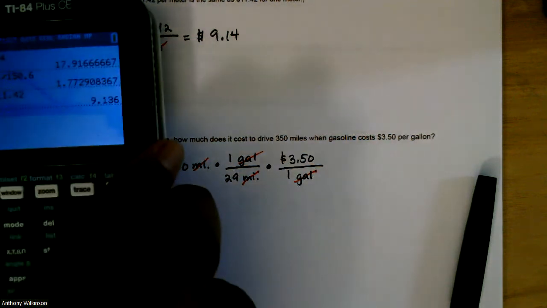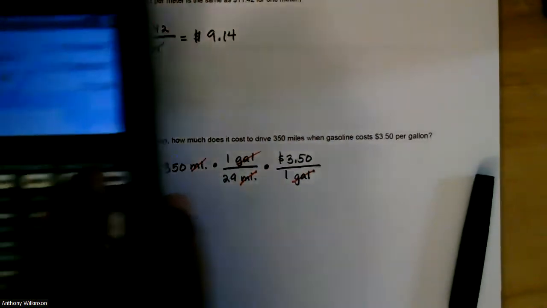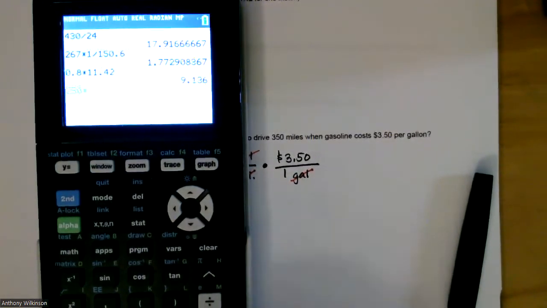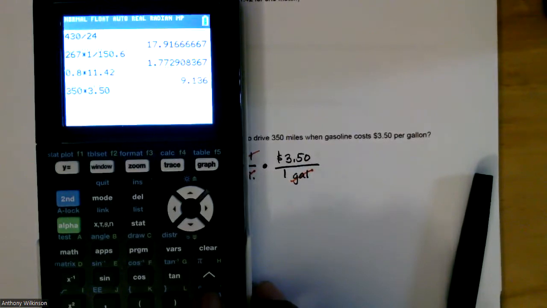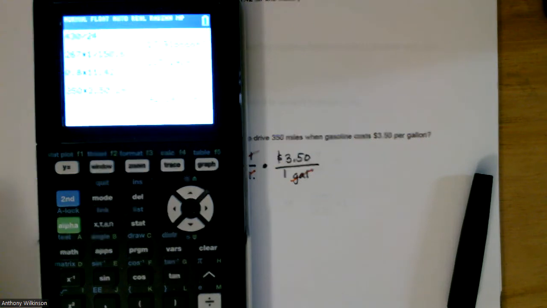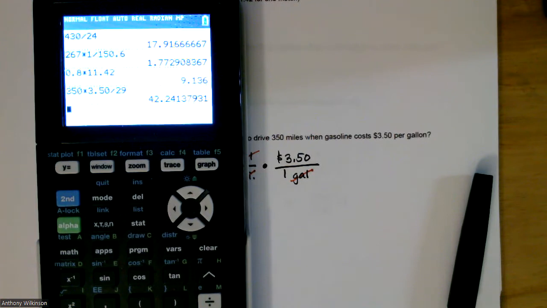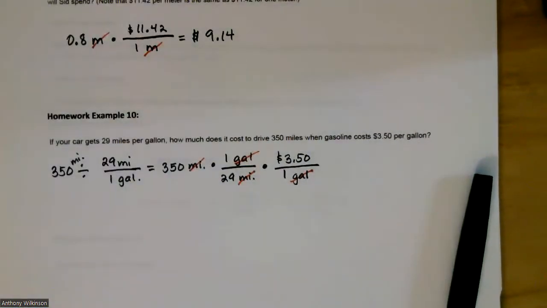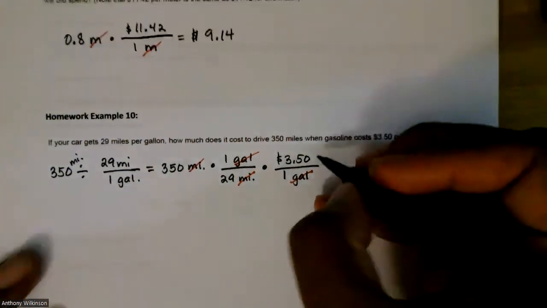So 350 times 3.50 divided by 29. Rounded to 2 decimal places, since we're dealing with money amounts, it's going to end up being $42.24.